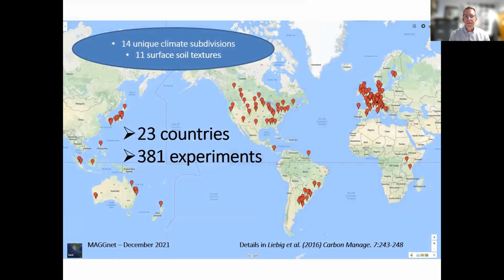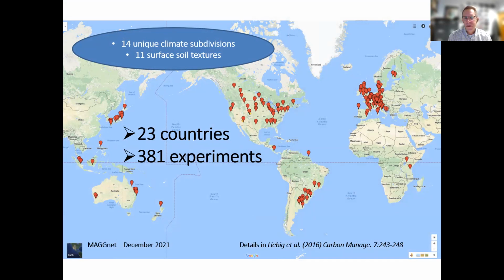Over the past 10 years, we've done a reasonable job compiling metadata across the world, 23 countries, 381 experiments. We've got a fair number of the Köppen-Geiger climate subdivisions, as well as a number of surface soil textures included within the compilation.